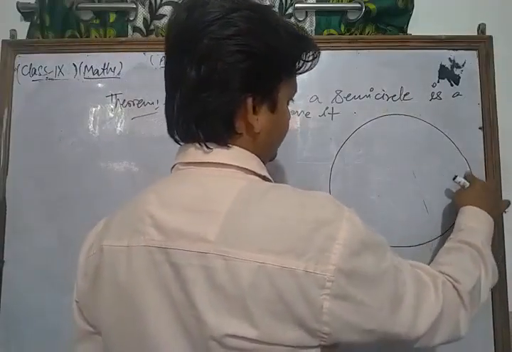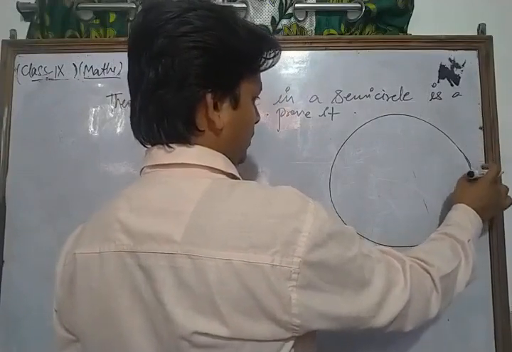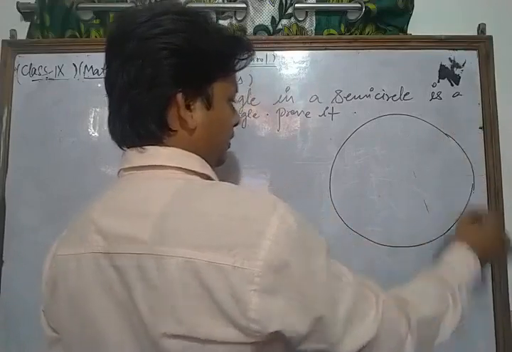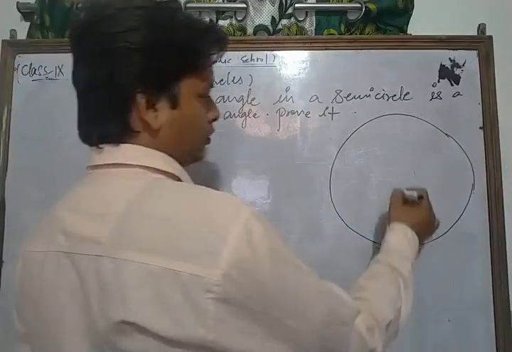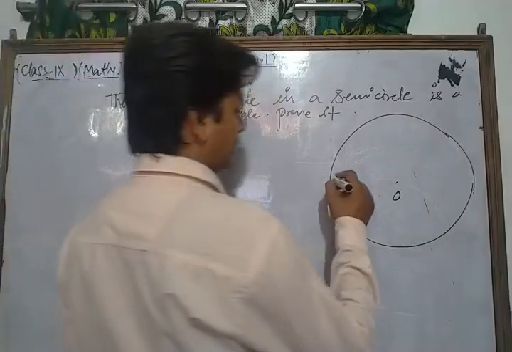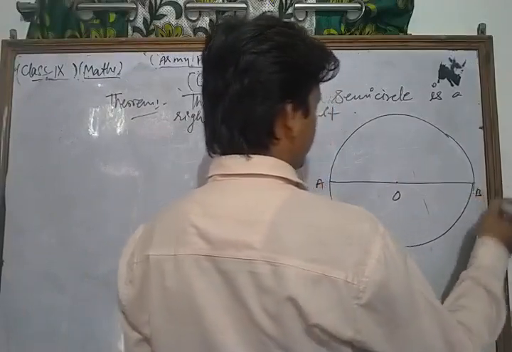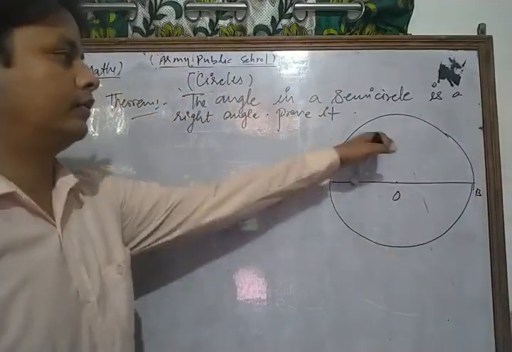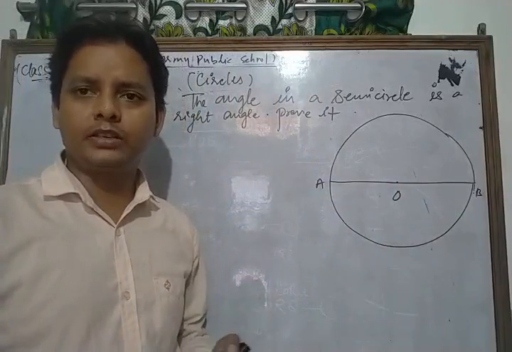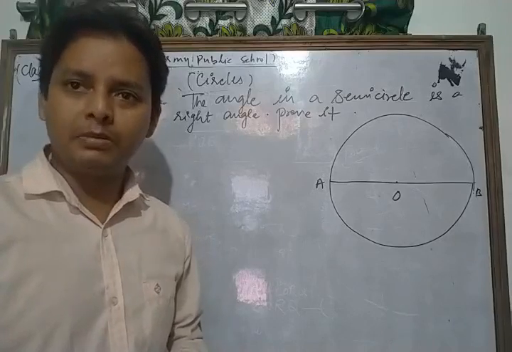First of all, we draw a circle in which O is the center of the circle. Let AB be the diameter. The diameter of the circle divides the circle into two equal parts, and each part is said to be a semicircle.